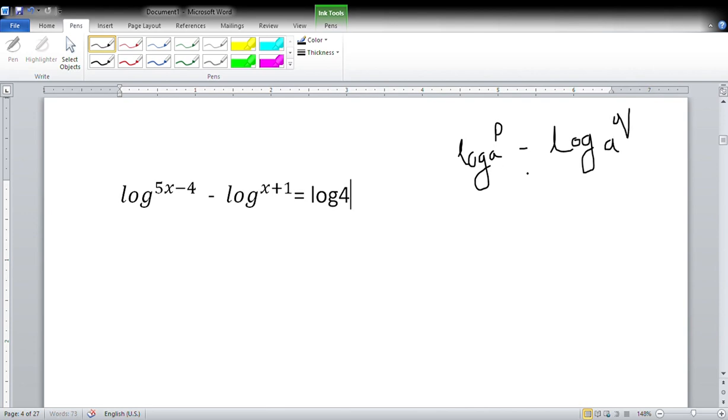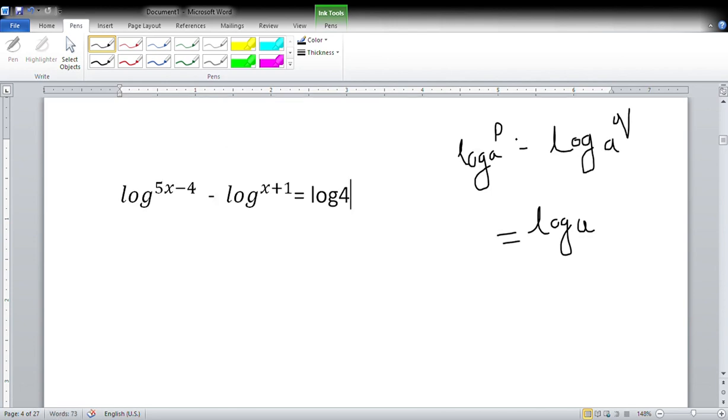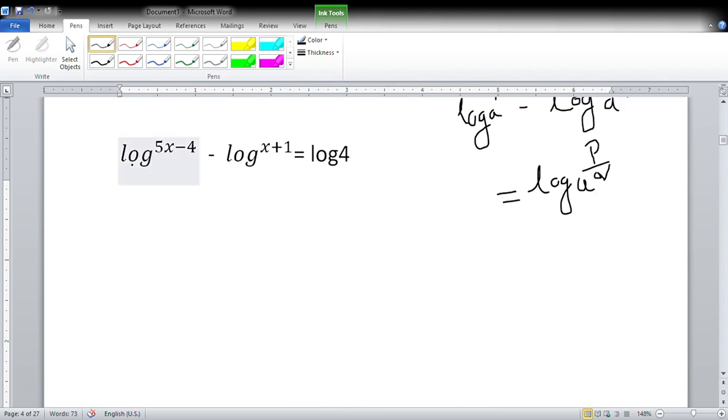If both bases are the same, we can write log with the base a of p by q, we simply divide the numbers, right? Same thing is happening here.